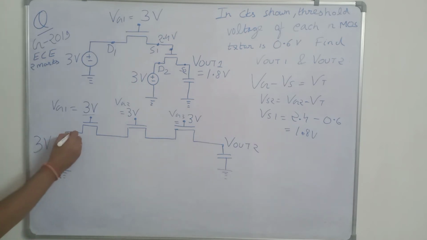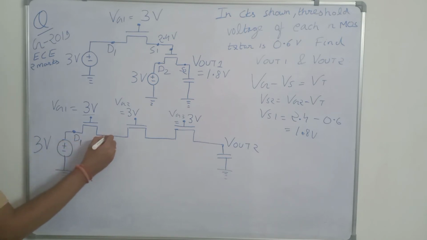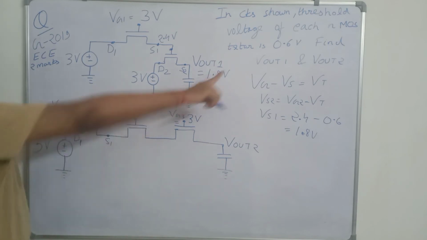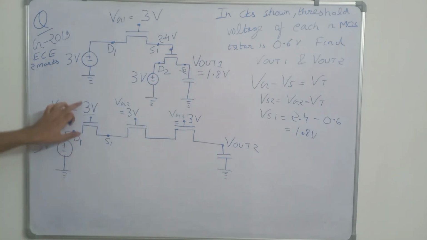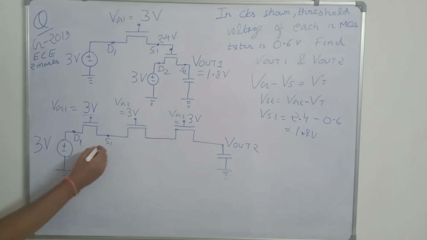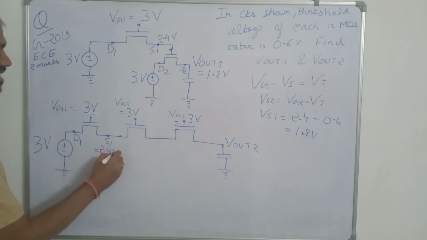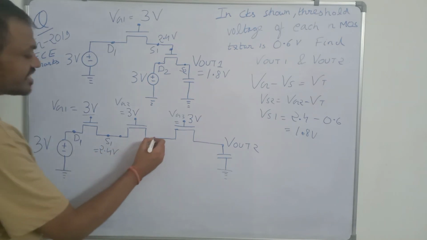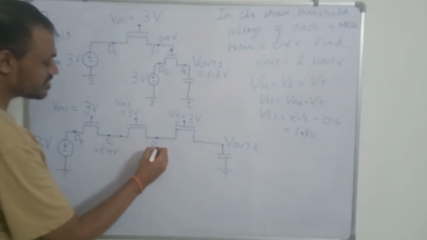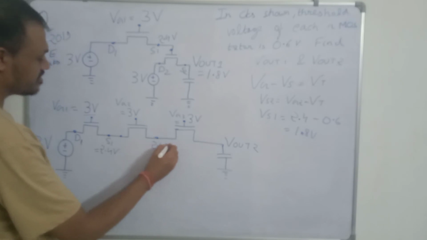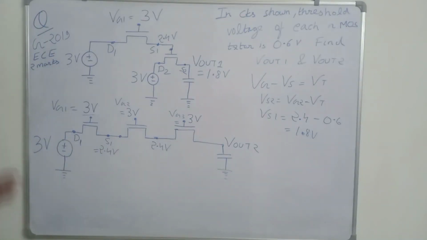So this has to be drain because it is connected to 3 volt, and this has to be source because its voltage will be 2.4 volt. Because again threshold voltage is 0.6, so Vg minus Vt will be 2.4. This is acting as drain for the second transistor. So again this has to be 2.4 volt because this voltage is also 2.4 volt.